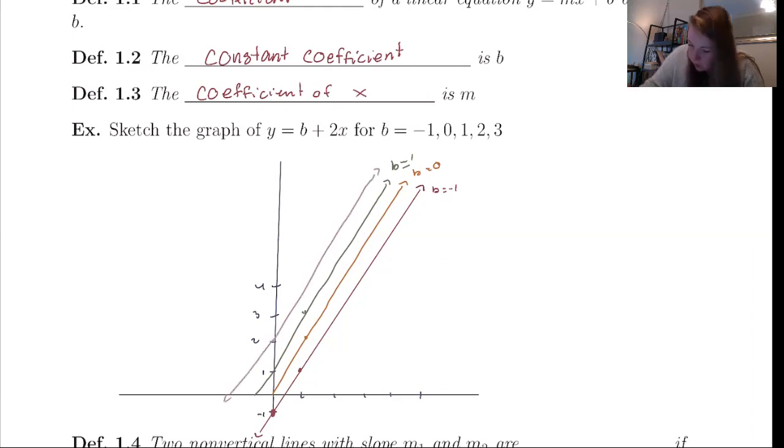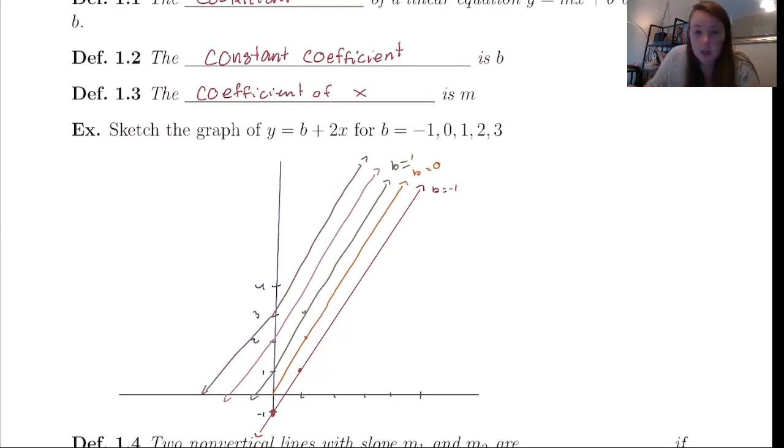This would just keep going, like this purple line, and so on, right? So even though I'm changing the intercept, these lines are just kind of chilling out next to each other, right?